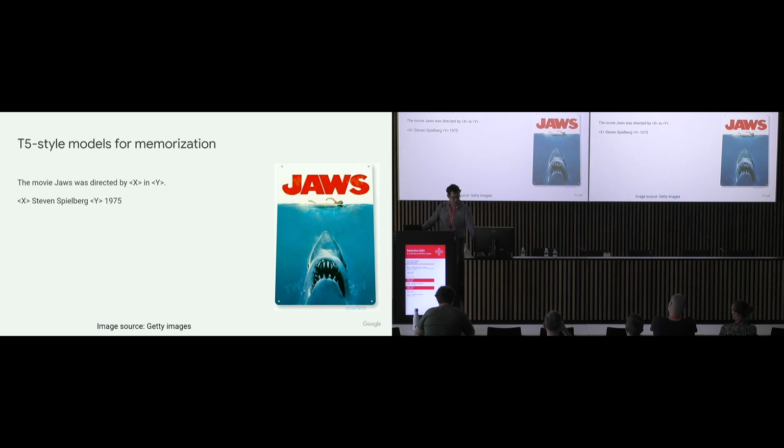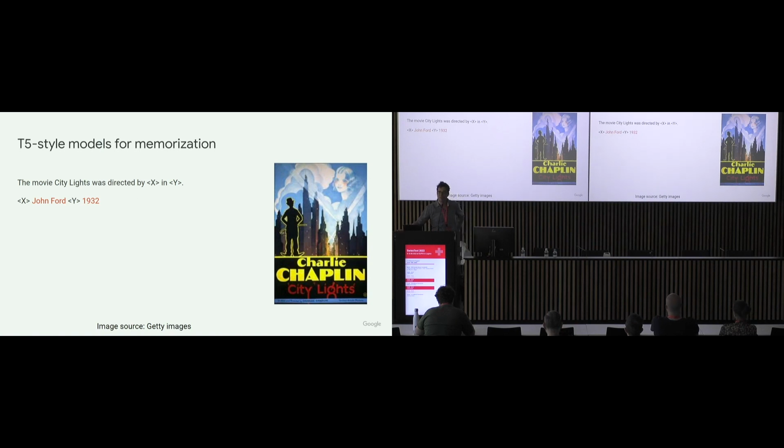But then I tried another example. City Lights was directed by X in Y, and in this case it output wrong data. The director was Charlie Chaplin, and it said it was John Ford. The year was 31, it said 32. It was close, but not quite right. One of the problems of these models is that they are trained with this language model objective that is so powerful that they produce very plausible fillers.